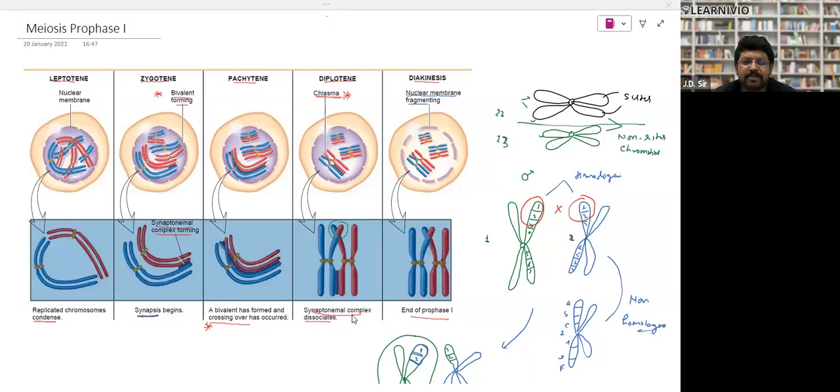The spelling is written over here. Chiasmata.